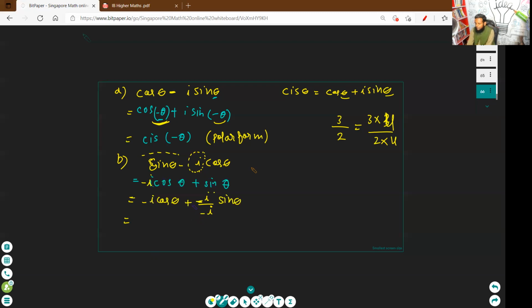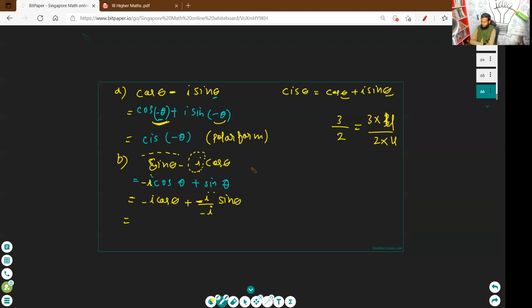So our need is minus iota. We want to take minus iota common from the numerator, so we put minus iota in numerator and denominator. In this way, we can take minus iota common.